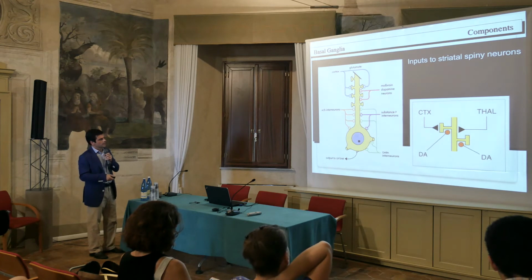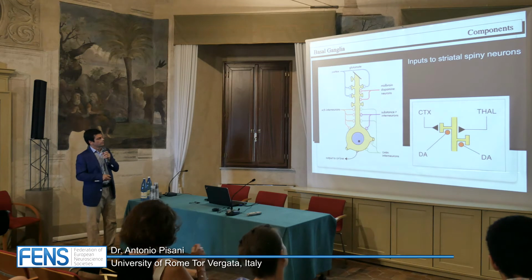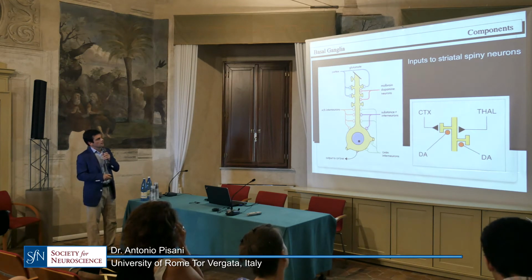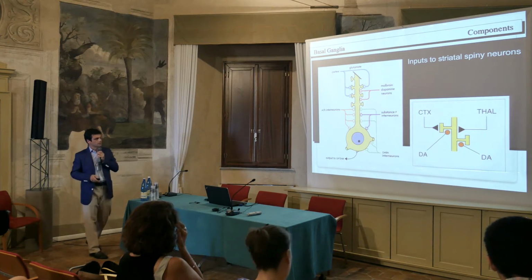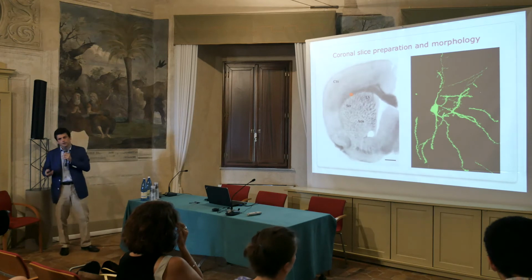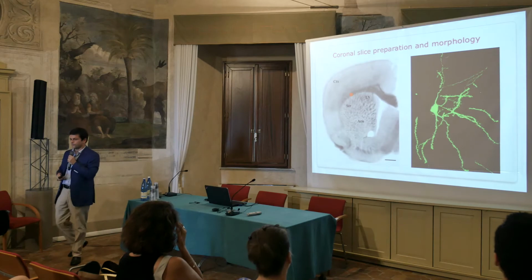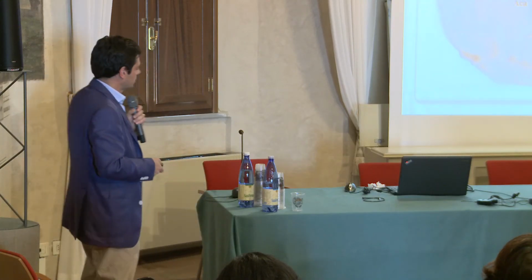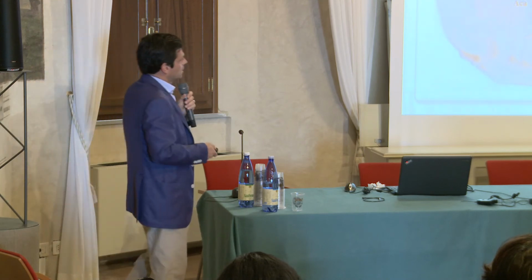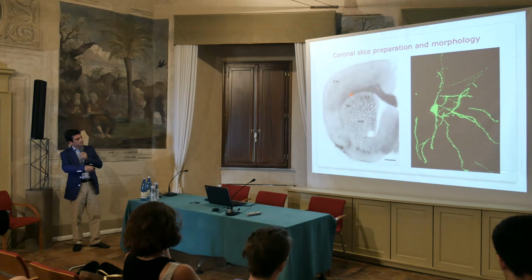Okay, this is again to say that the spiny neuron is receiving inputs from the local interneurons, but also from midbrain dopamine neurons and the glutamatergic fibers. And just to show you a very brief gallery of pictures that in our lab we took in the past few years. So we have a striatal slice preparation.